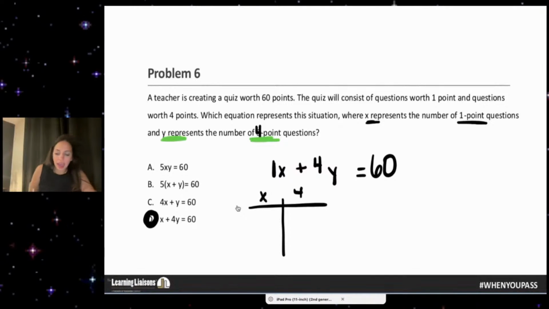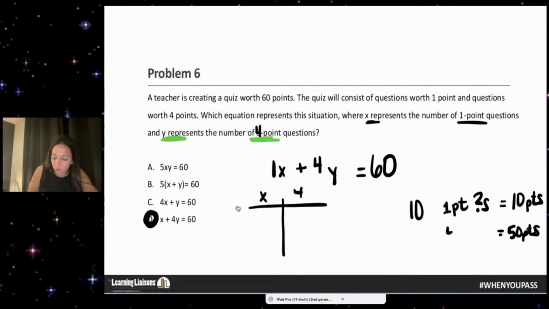If I have 10 1-point questions, that's going to equal a total of 10 points on the quiz, right? Which leaves 50 points left over for 4-point questions. And 50 is not divisible by 4, so I know that that would not be the correct answer.